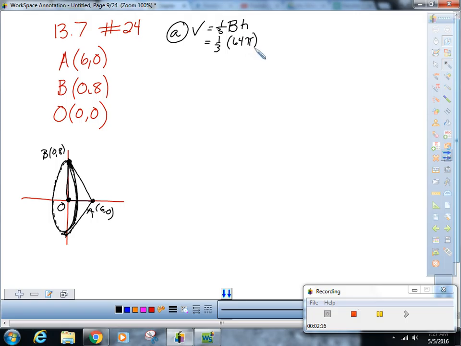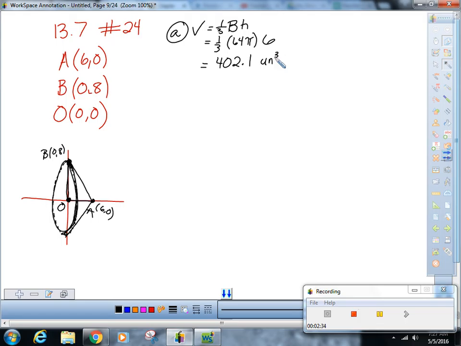And what would be the height of this cone? Times 6. When you multiply all that out, it tells us to round to the nearest tenth, so we are not leaving this in terms of pi. You get 402.1 cubic units. We're talking volume.